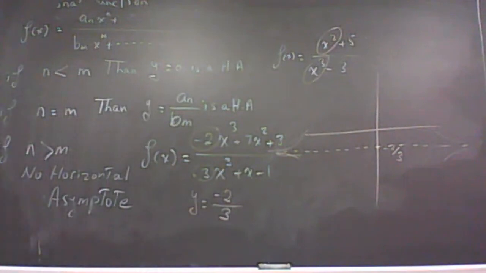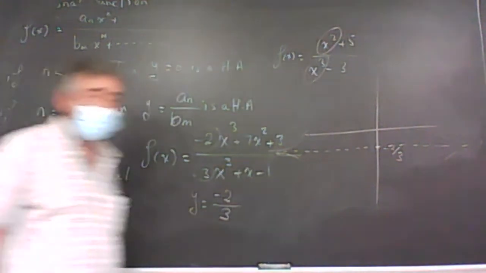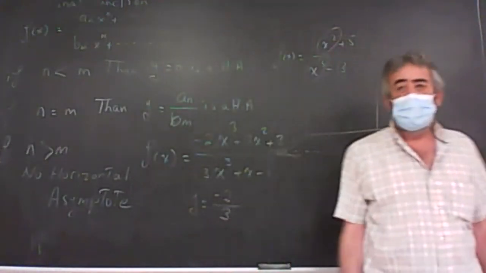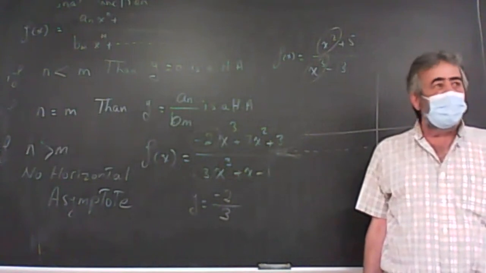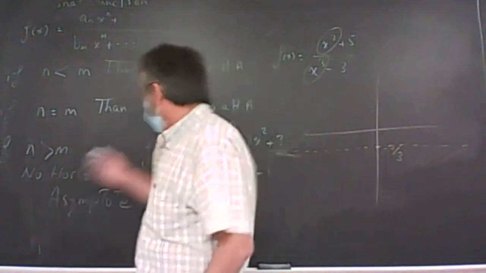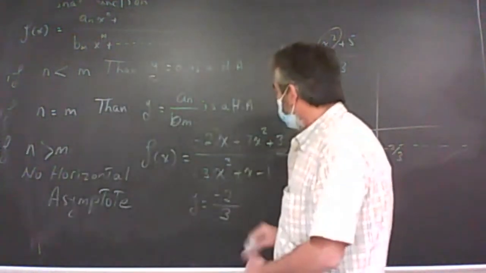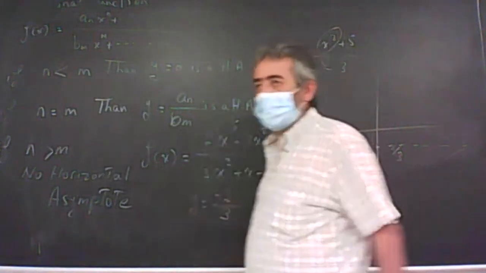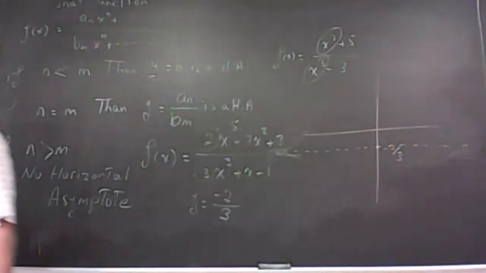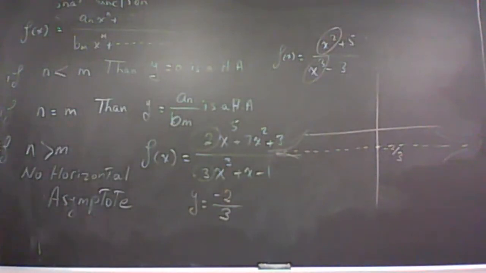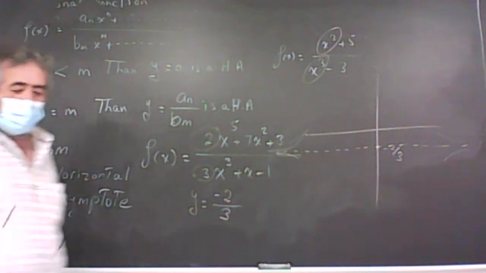In this case, we will have no horizontal asymptote for that particular graph. For example, if I make that a 5, x to the fifth is bigger than x cubed. This particular equation has no horizontal asymptote. Any questions?